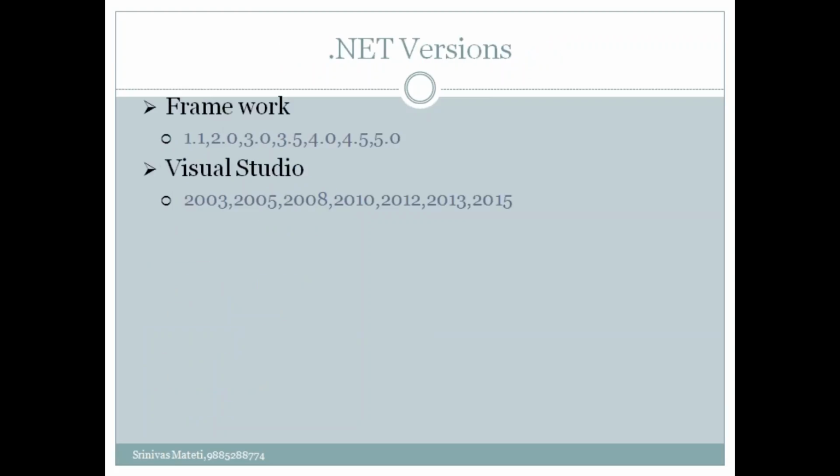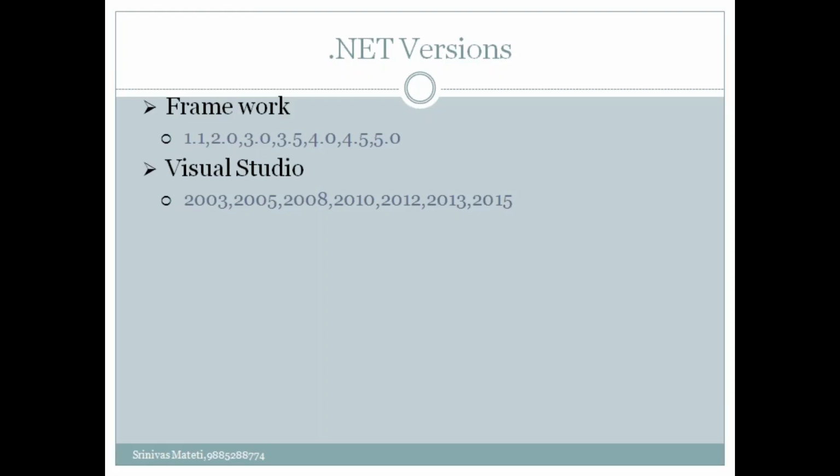And frameworks. So far the .NET frameworks were 1.1, the initial version, then 2.0, 3.0, 3.5, 4.0, 4.5 and currently 5.0. And these are the Visual Studio versions: 2003, 2005, 2008, 2010, 2012, 2013 and 2015. If you install 2012 that's fine, because there are not many changes between 2012, 2013 and 2015.